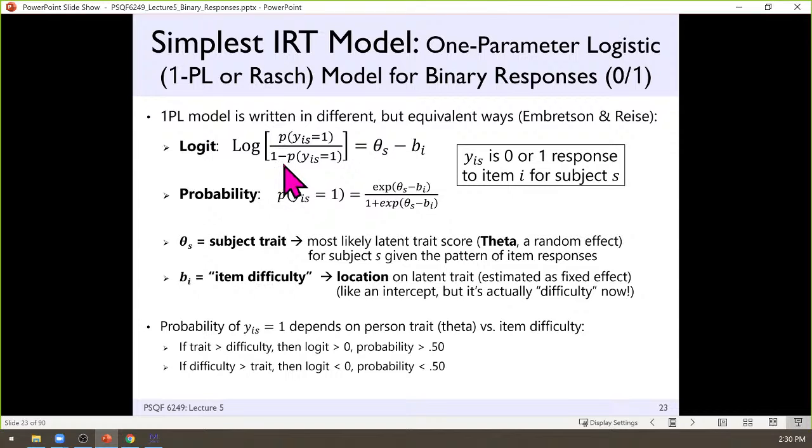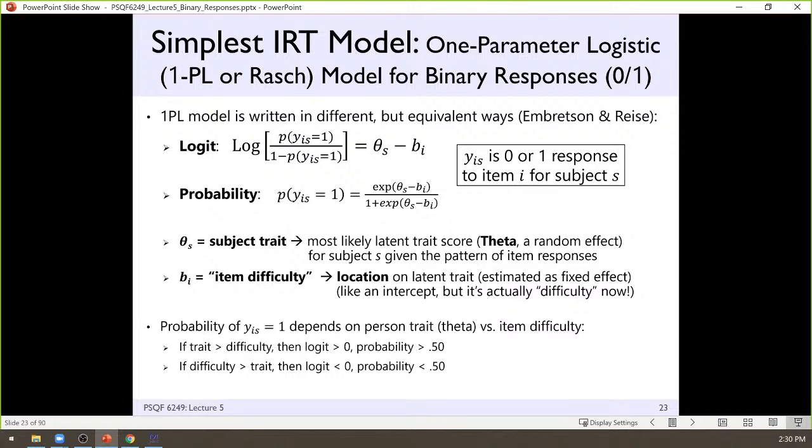If you want to predict probability directly, this same model looks like this. So it's e to what the logit predicts over 1 plus e to what the logit predicts. And I don't know why one of these is in italics, but the other isn't. So the difficulty is a location parameter, and it has a very specific definition.